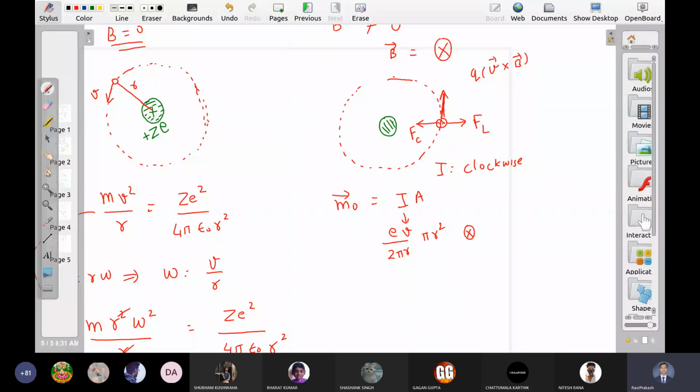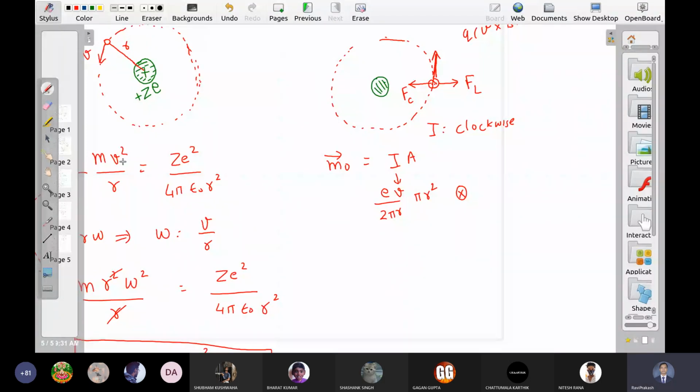Obviously now the electron will move according to these two forces. So the net centripetal force is this one, same as before, minus this Lorentz force.